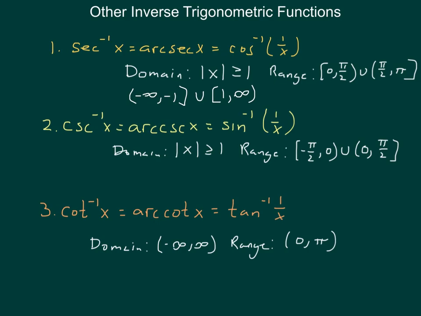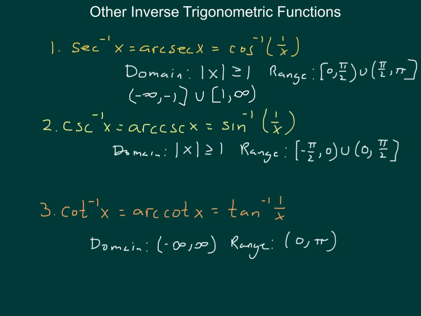Our range, the possible values that can come out of an inverse secant function, are the values from 0 to pi/2, union pi/2 to pi. There's no angle whose secant is undefined, so pi/2 is not a possible value for the inverse secant.